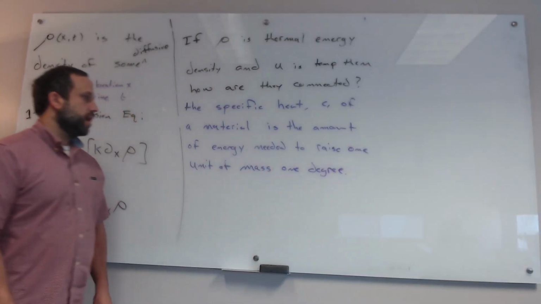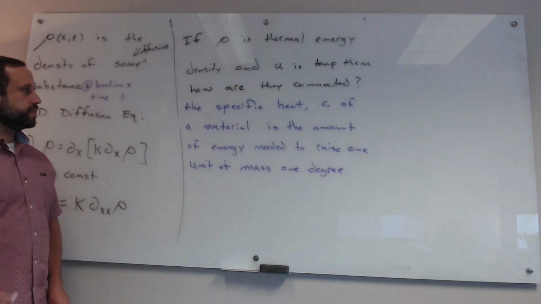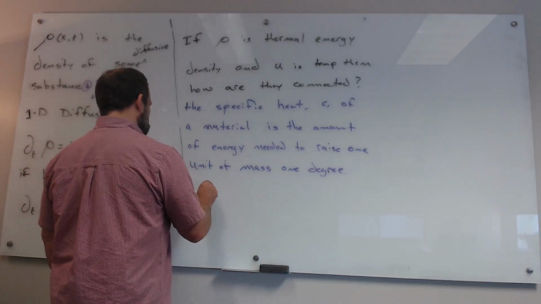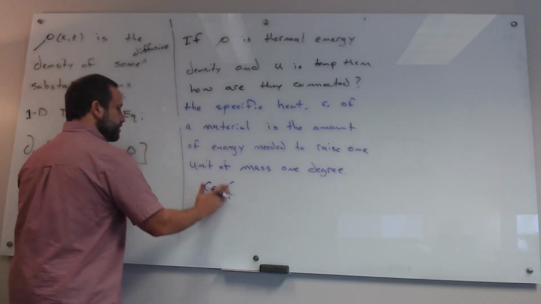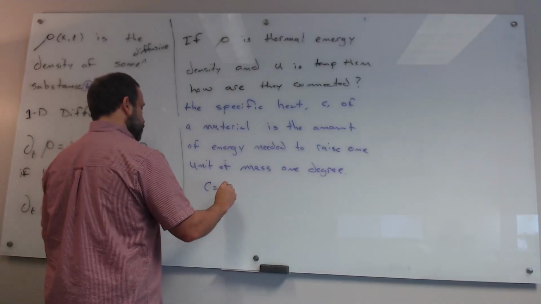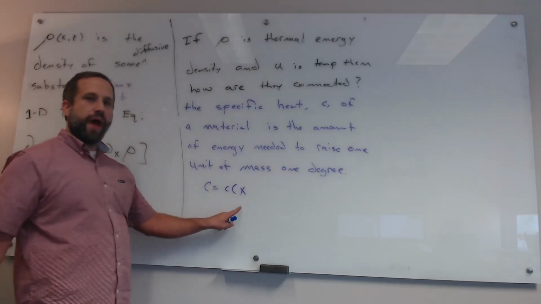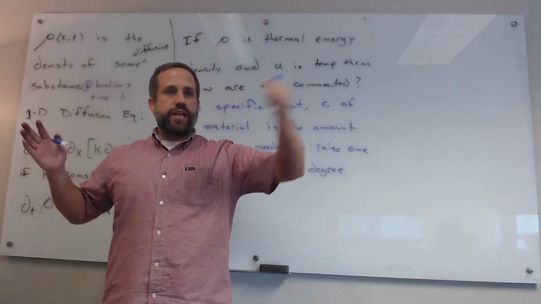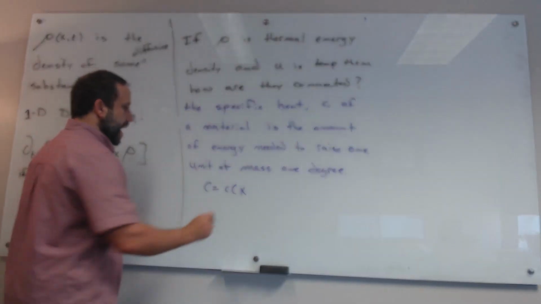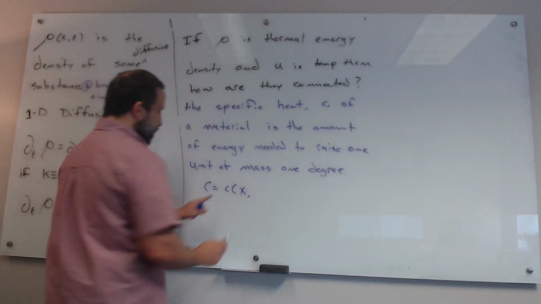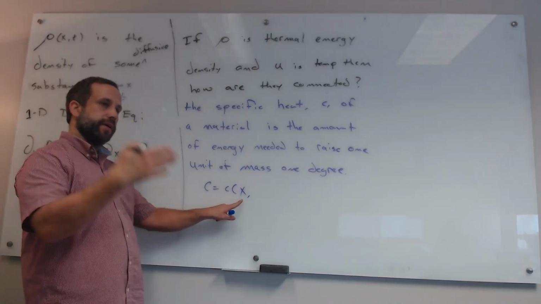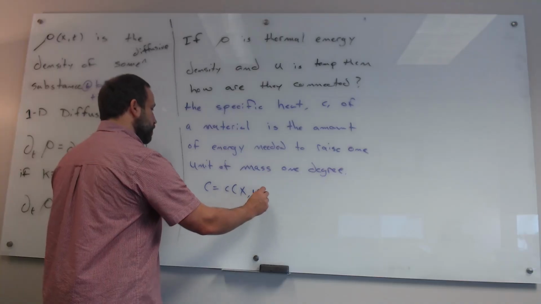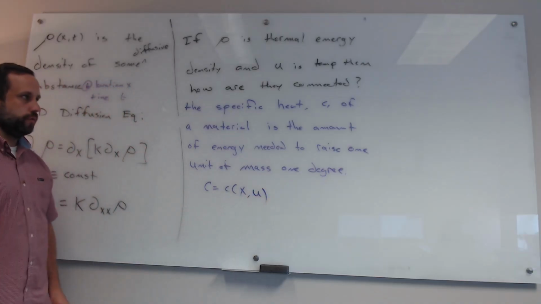In general, C is a function of the material. So x would be like the material. If we have a heterogeneous rod, location x is going to give us a different material. So C of x means it's dependent on the material because the material can change. But it's also dependent on the temperature u.